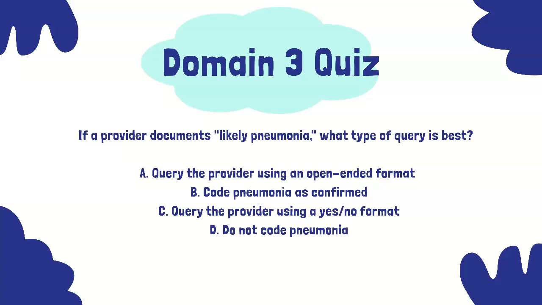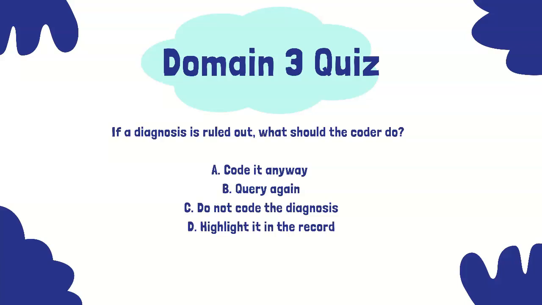All right. So the answer is code the pneumonia as confirmed without needing a query. As I was putting together these questions, I was trying to pull directly from the document. So this is appropriate because you shouldn't query when the guidelines tell us that this is acceptable.